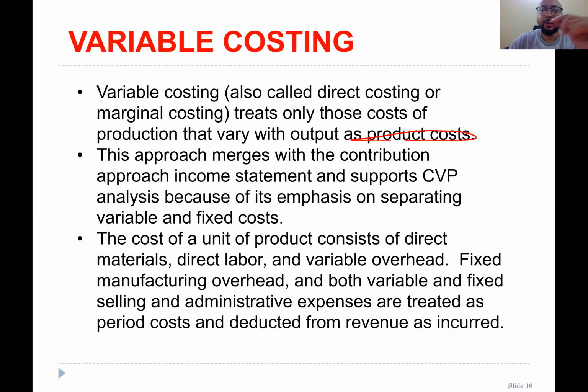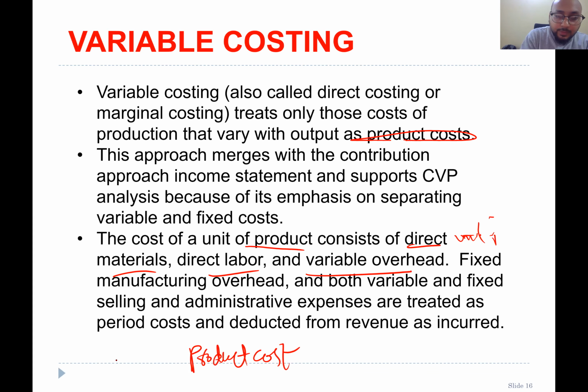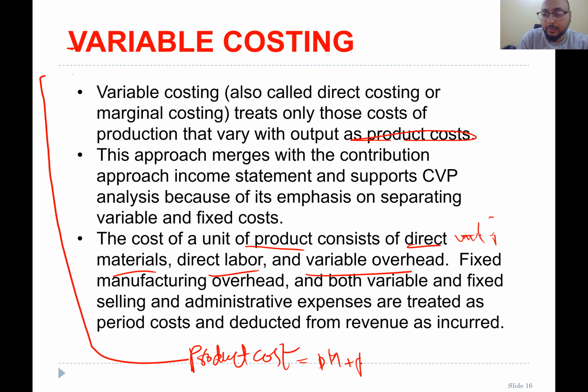So the cost of a unit produced consists of direct material, direct labor, and variable overhead. So unit cost, or product cost, let me write it down here, product cost under variable costing is direct material plus direct labor plus variable manufacturing overhead.